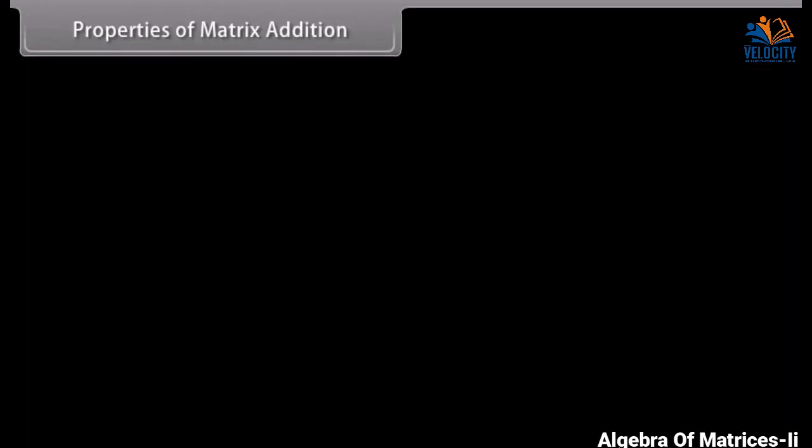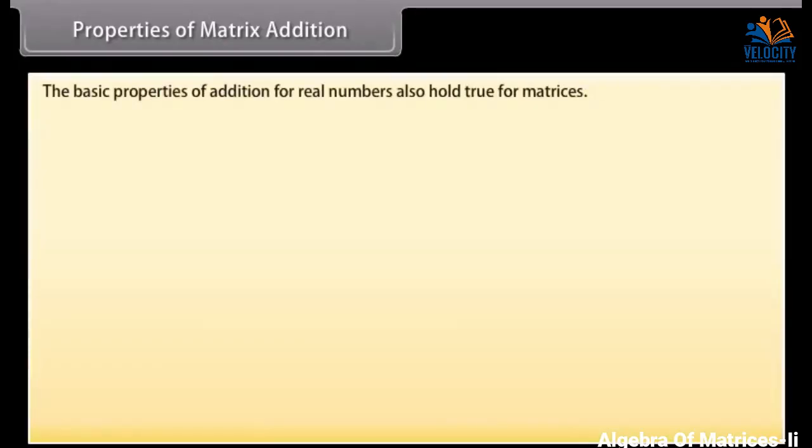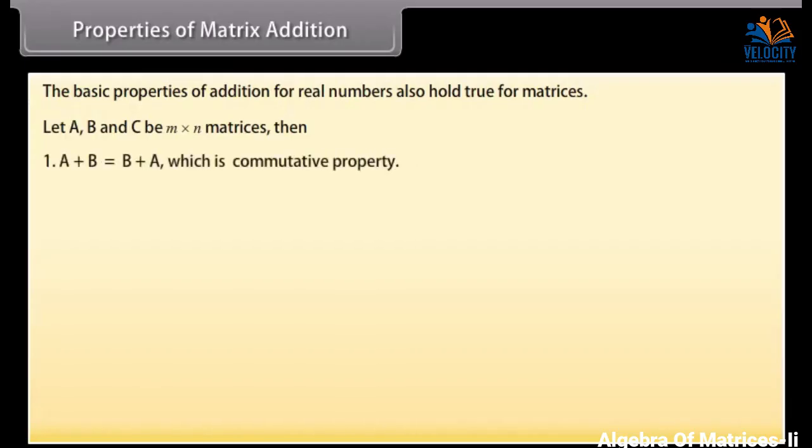Properties of matrix addition. The basic properties of addition for real numbers also hold true for matrices. Let A, B and C be m by n matrices. Then A plus B is equal to B plus A, which is the commutative property. Associative property: A plus B plus C is equal to A plus B plus C, grouped differently.